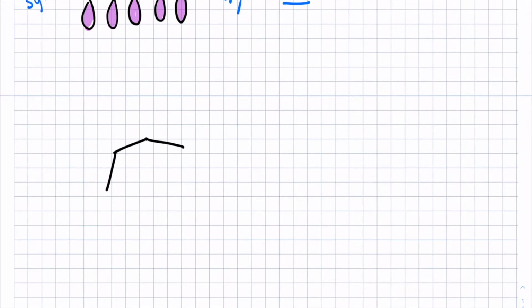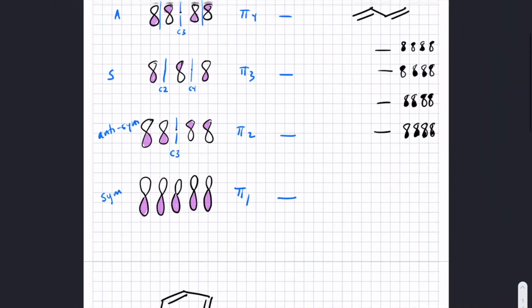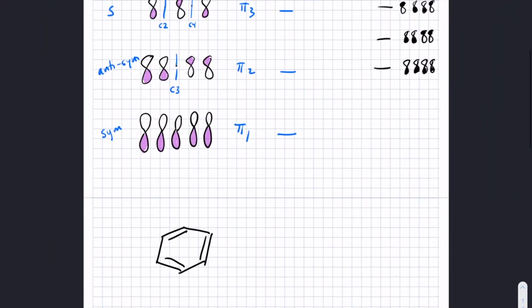What do you do in benzene? In that case, you don't have a line of orbitals, you have a ring of orbitals. That creates a unique situation where you get extra stability, because the ring of orbitals encircles the molecule, and electrons can be delocalized all the way around instead of just in a line.